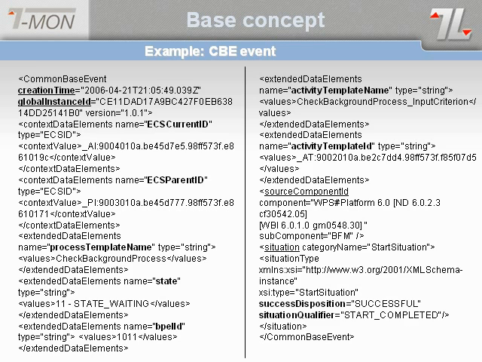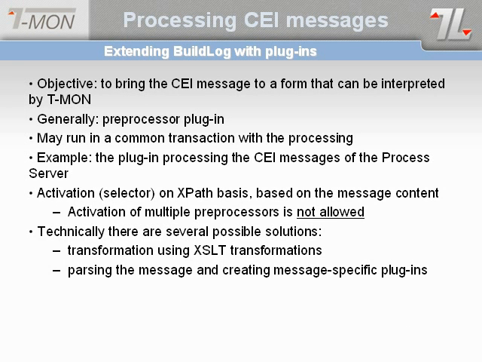So let's list the possible plugins. I just go through in a nutshell. We can differentiate between preprocessor and postprocessor plugins. It is called a preprocessor plugin if the incoming message has to be made usable for TMON, and postprocessor when some sort of event information has to be sent based on an entered TMON message. It is important that the activation of multiple preprocessors is not allowed.